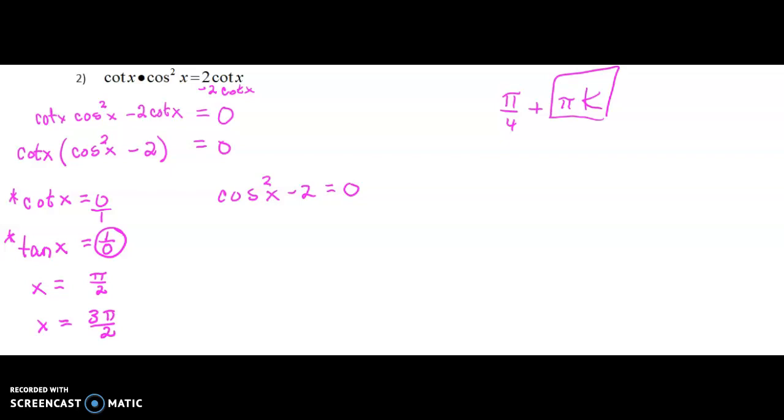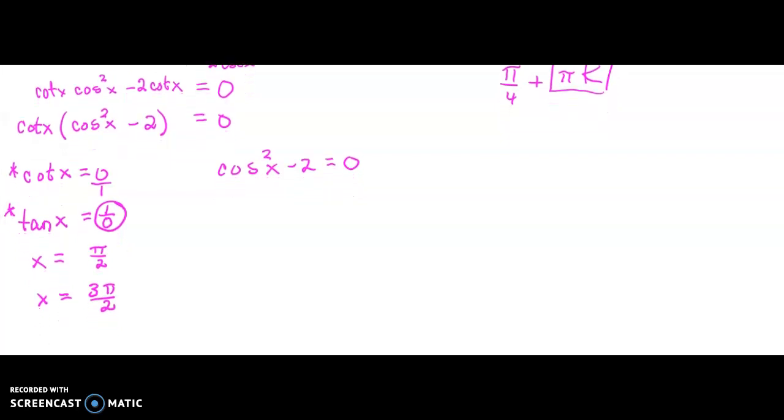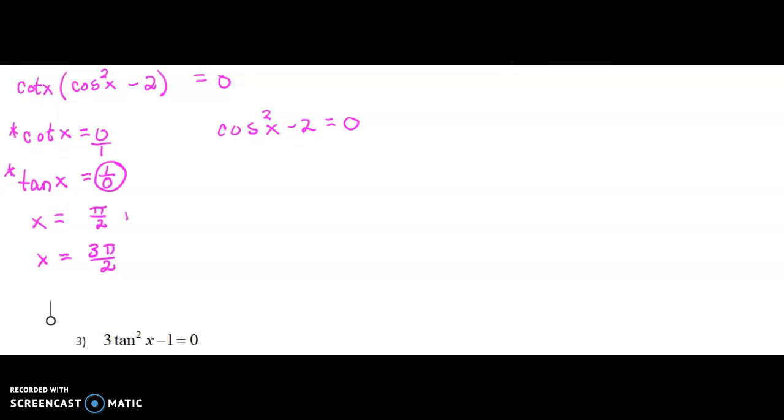Now remember, I'm going to write them below each other simply because I want to have room to add 2 pi k. Now if you notice, these two angles are 180 apart. So you could write it a little more concisely by saying pi over 2 plus pi k, and that would be fine as well.